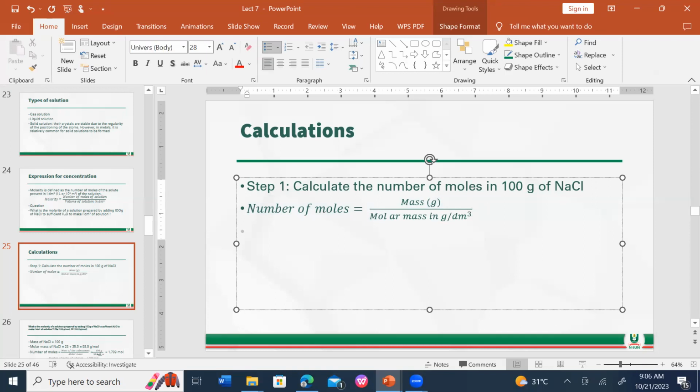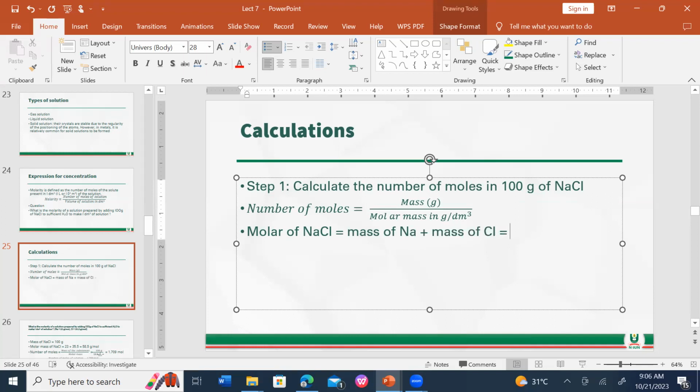The molar mass of sodium chloride is equal to the mass of sodium plus the mass of chlorine, 1 atom of chlorine.